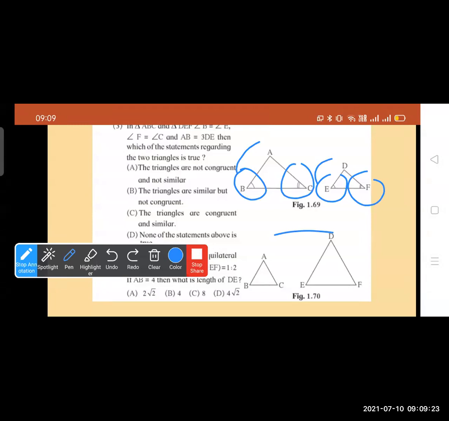So, out of this, which condition is true? They say that AB is 3 times DE. Only they said this condition.